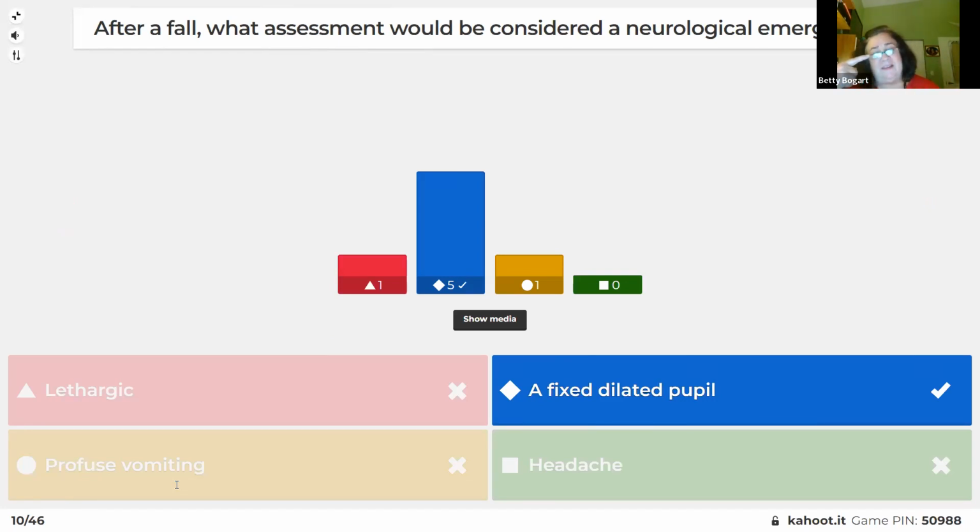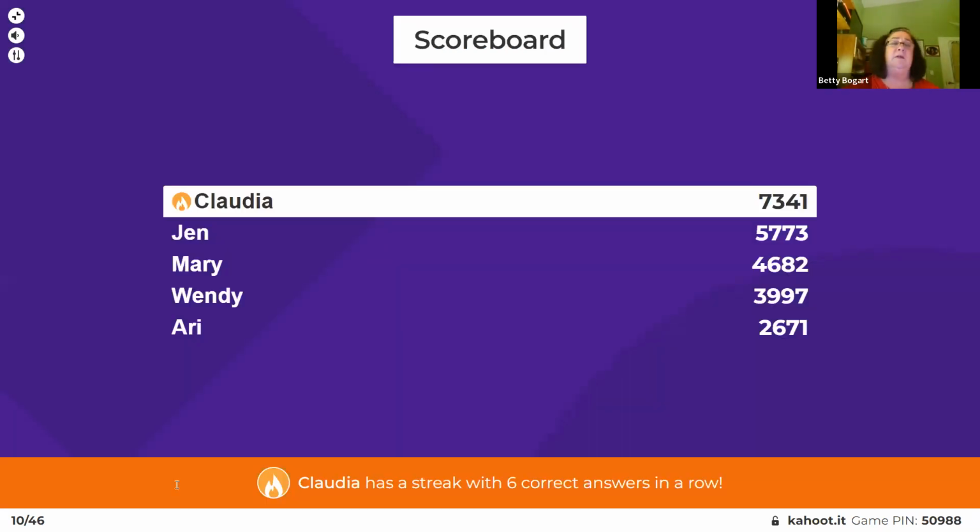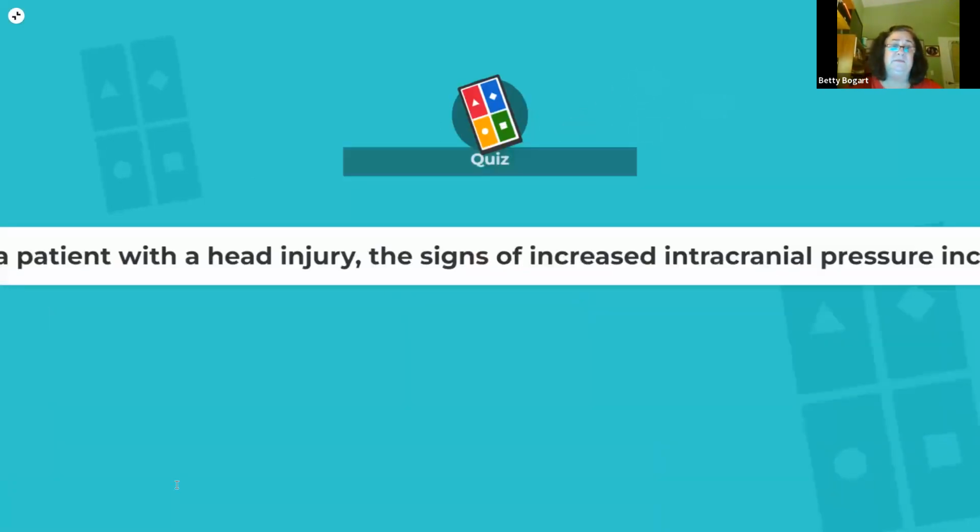If you have a fixed dilated pupil, it's what we in the medical field call a blown pupil, which means it's dilated. That's scary. That means there's so much pressure going on there. We need to remove it now, or it's going to be a permanent deficit on these children. So that pupil, that fixed pupil, is really bad.